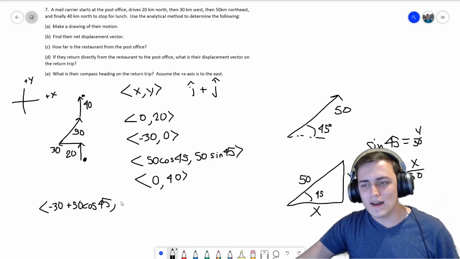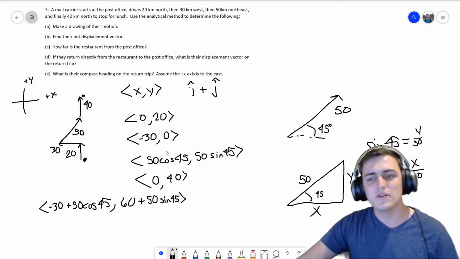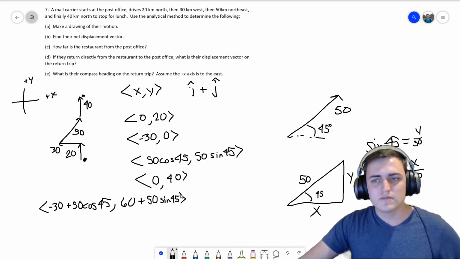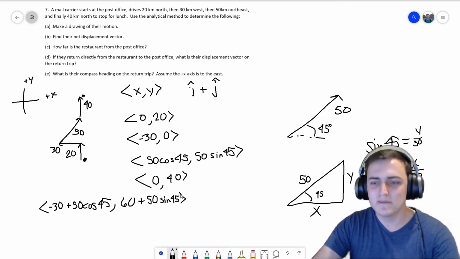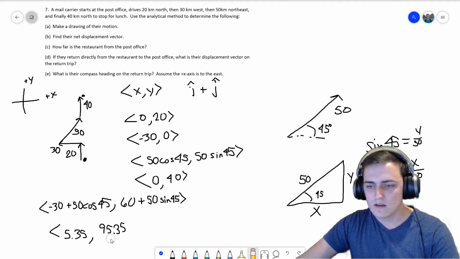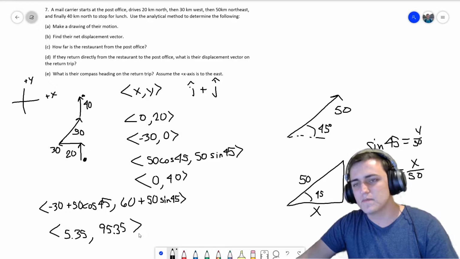And then we go into the y-axis, where we have a positive 20 plus 40, 60, plus a positive 50 sine 45. We're just adding up every single y component, ignoring the zeros. We plug it into a calculator to get 5.35, 95.35. So that is their net displacement vector.